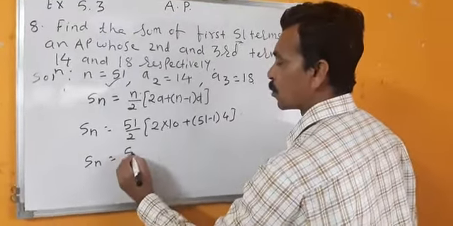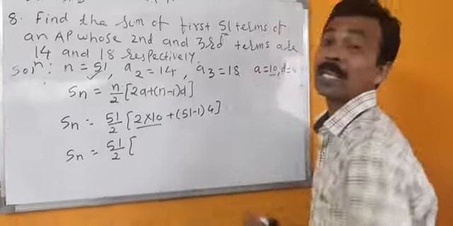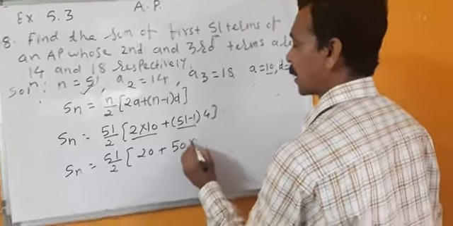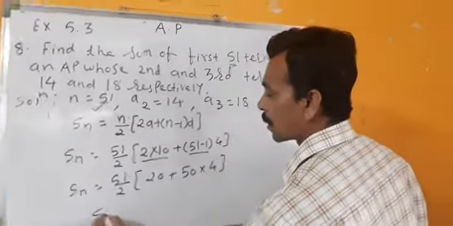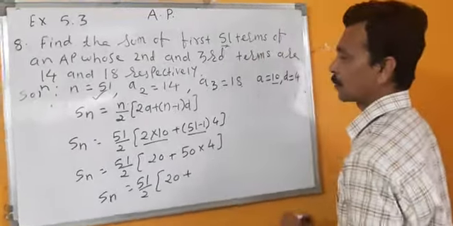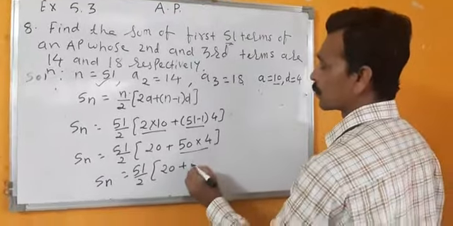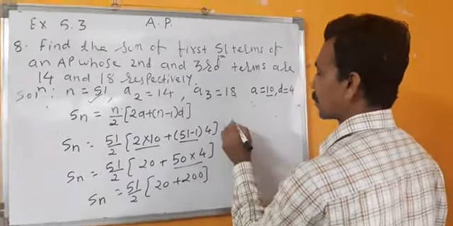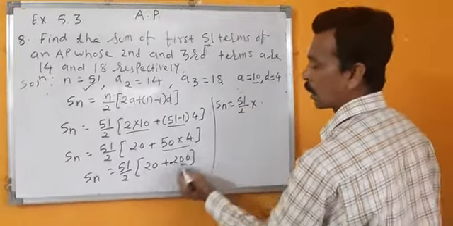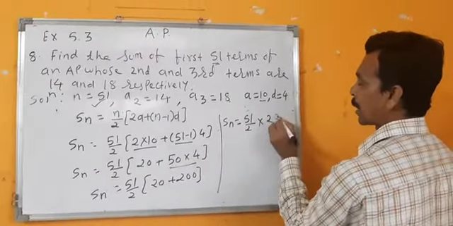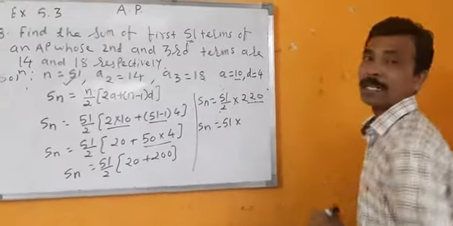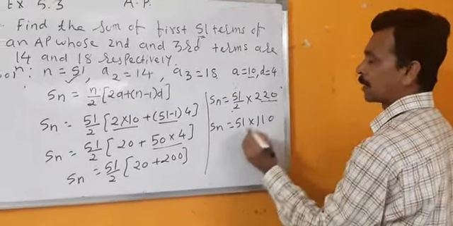Sn is equal to 51 by 2 into 2 tens is 20 plus 51 minus 1 is 50 into 4, which is 200. Sn is equal to 51 by 2 into 200 plus 20 is 220. Sn is equal to 51 into, if you divide 220 by 2 we get 110.